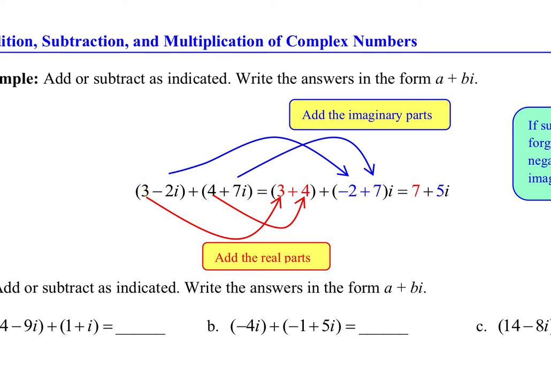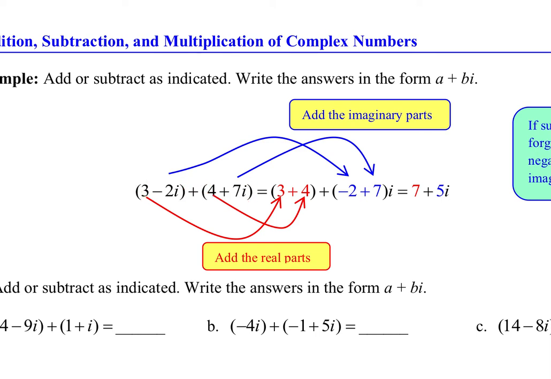Especially since it's plus, you just say 3 plus 4 is 7, and -2 plus 7 is 5i. Now if this was a minus sign right here, I would need to rewrite the binomial in the back as a -4 and -7i. But since it's plus, you just pretend that it doesn't have parentheses.